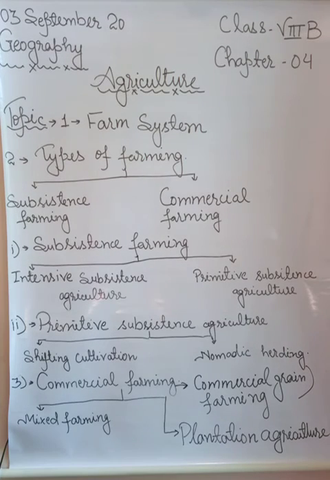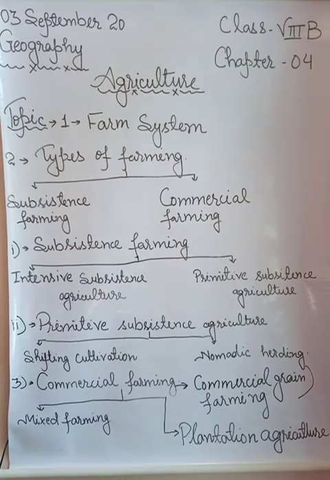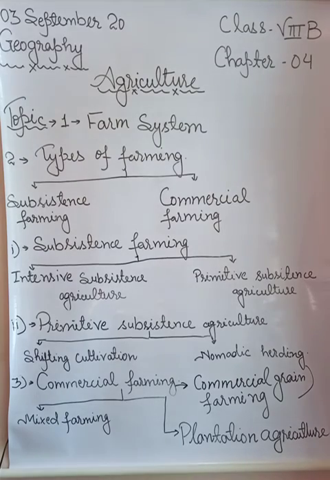Understood? And students, it is practiced mainly in Europe, Eastern USA, Argentina, Southeast Australia, New Zealand and South Africa. Alright. After that, the next and last one is plantation agriculture.